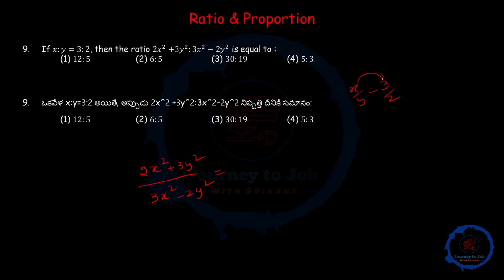Just take x is equal to 3 and y is equal to 2 and simply substitute here. So 2 into 3² plus 3 into y value 2², by 3 into x value 3² minus 2 into y value 2².